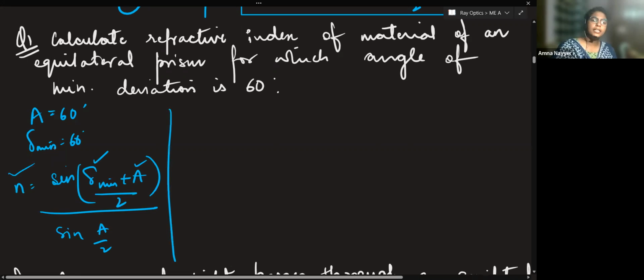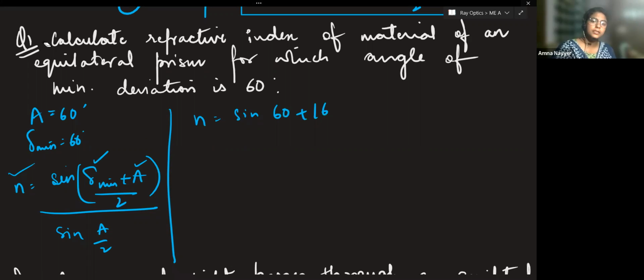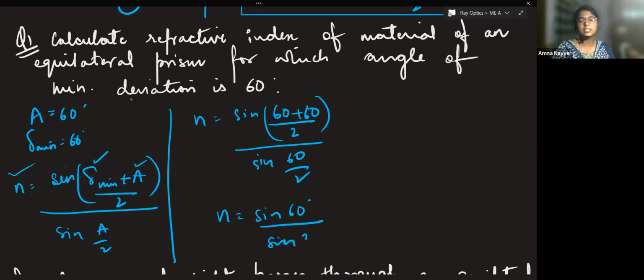When you put it, n is equal to sine of (60 plus 60) by 2, divided by sine 60 by 2. So n is equal to sine 120 by 2, that is sine 60 degrees, divided by sine 30 degrees.